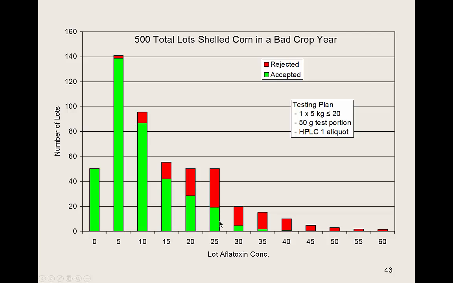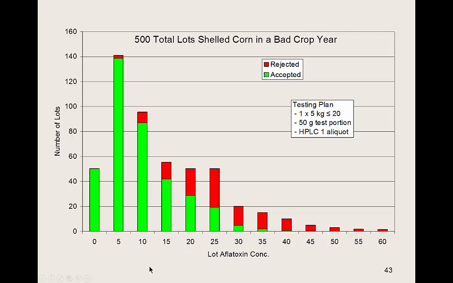So the accepted lots at 25 are incorrect decisions. We've got a few incorrect decisions. But as you can see, very few lots are accepted above the accept-reject limit. And that's a good thing because that's removing a lot of mycotoxin from the food supply.